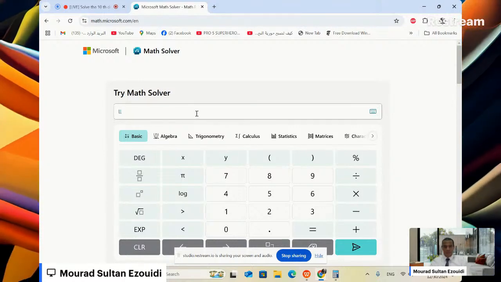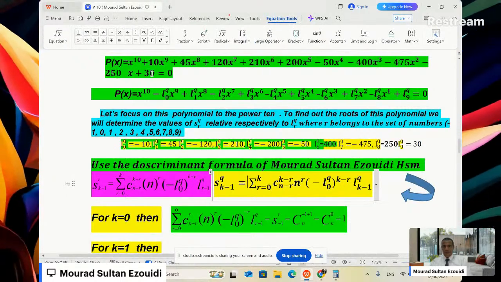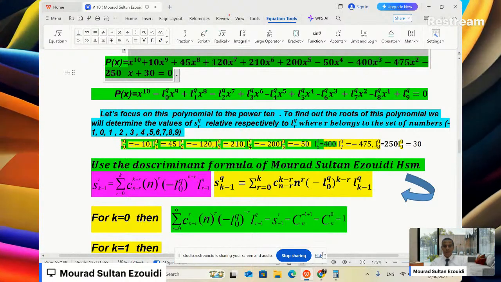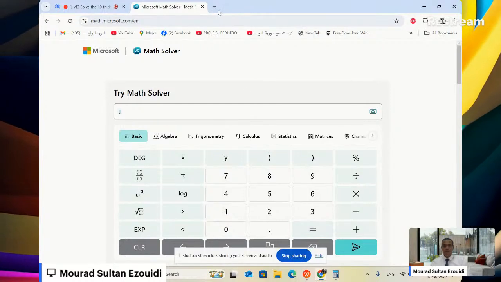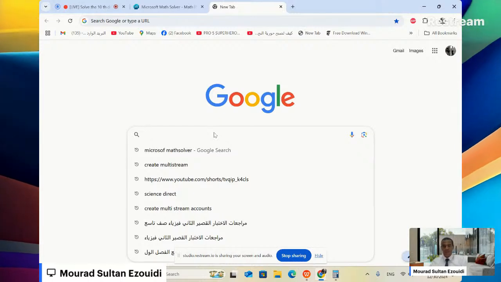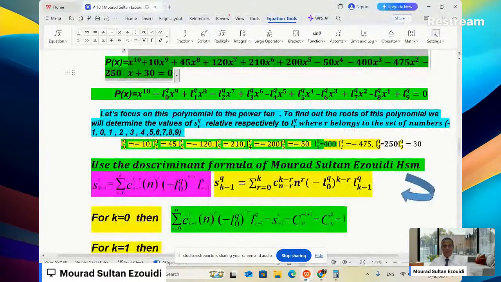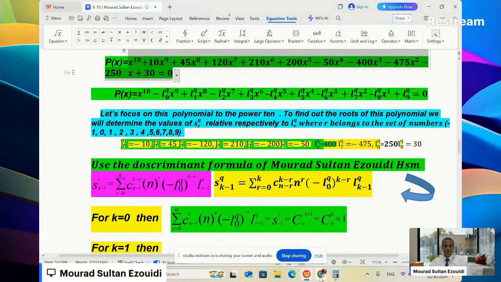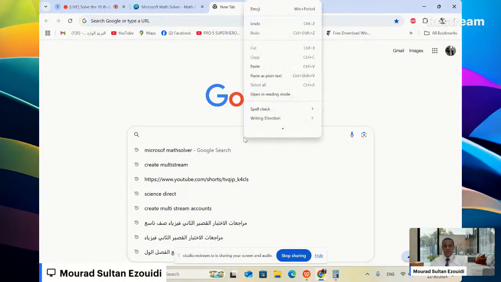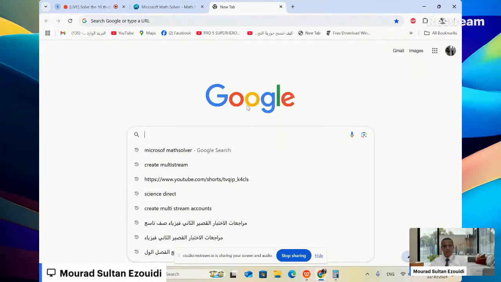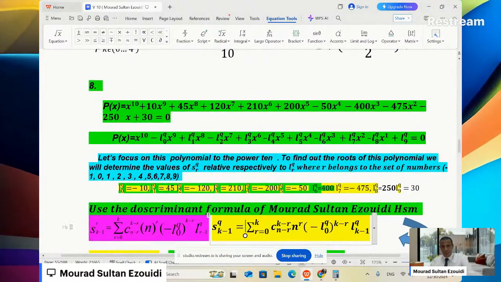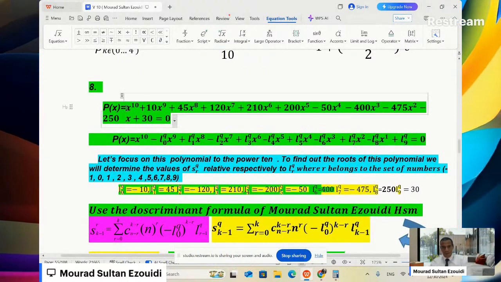Why didn't this one work? Control C, check, copy paste, you see, it doesn't work.